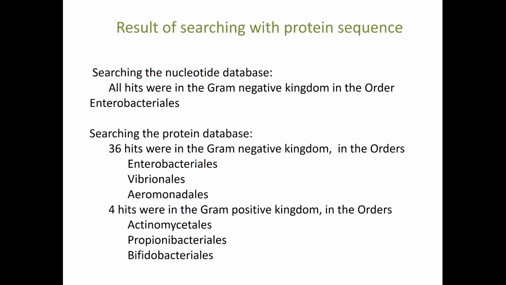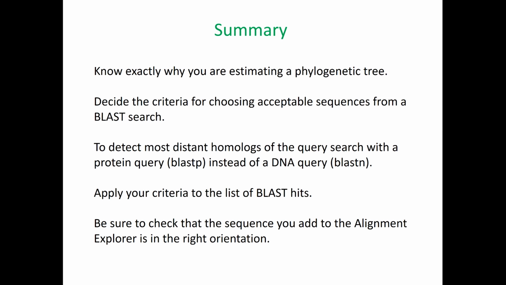Again, the way you handle things and what you choose to do depends on the purpose for which you are making this tree. So, if you're going to make a tree, know exactly why you're estimating that tree. And you have to decide the criteria for choosing what is an acceptable sequence from the BLAST search that you do. That's your decision.